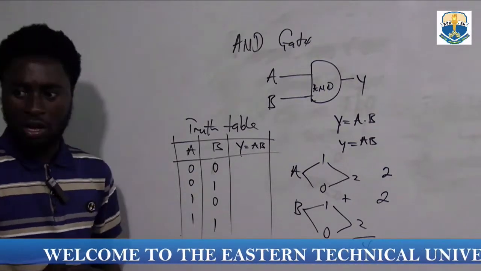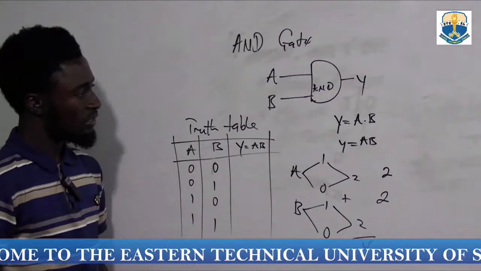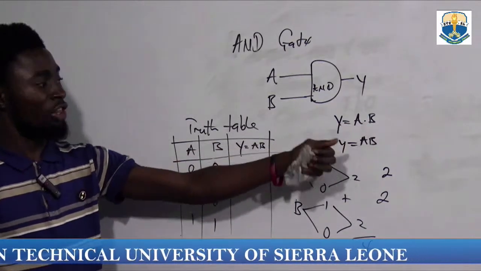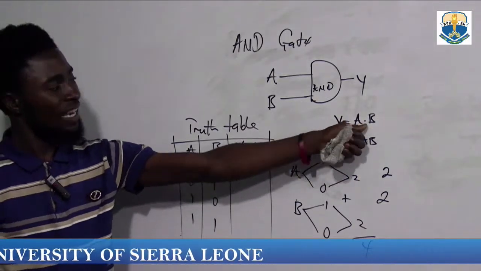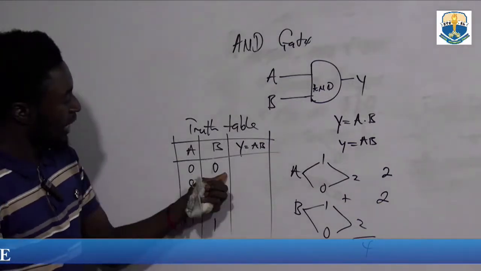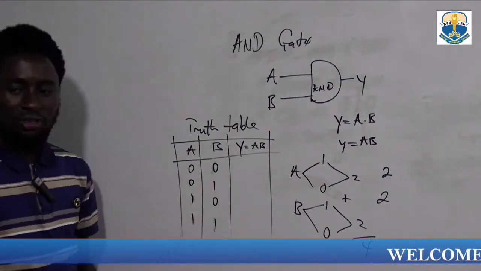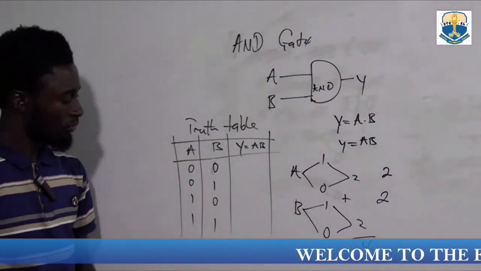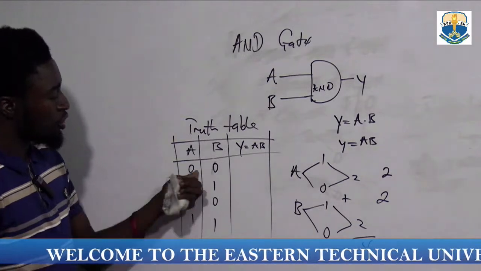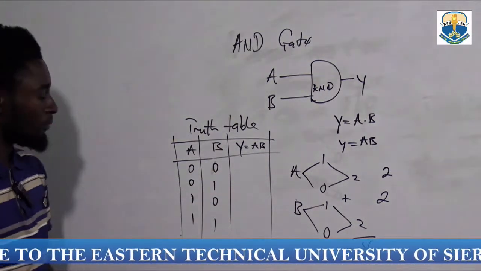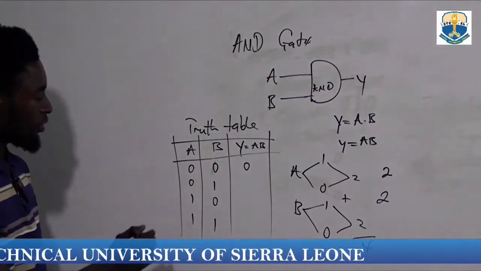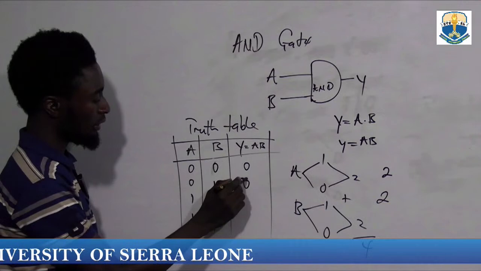The easiest way to do this is to still maintain the operation that we know to be performed here: multiplying these two expected inputs. So 0 times 0 is 0. 0 times 1 is 0.